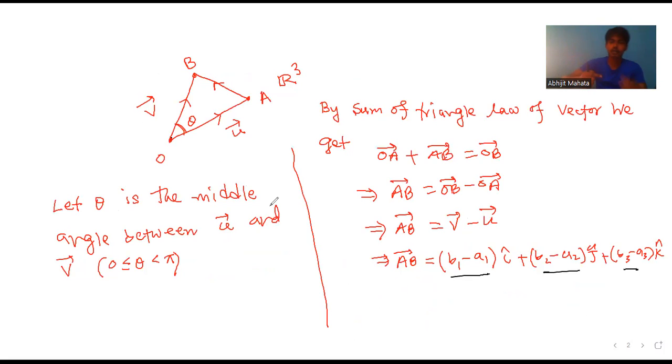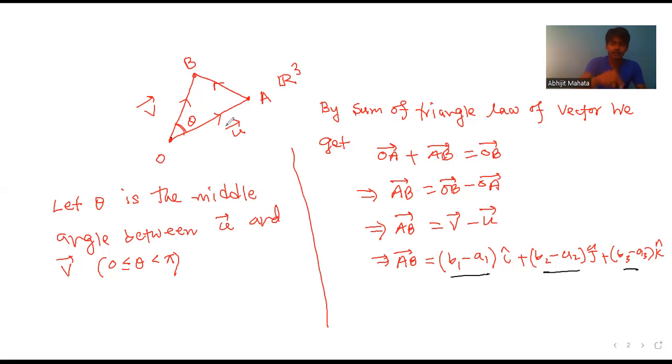So somehow we are drawing a triangle. You have U vector here, V vector here, then AB vector here. Now what we have calculated is the AB vector, written using the components of U and V. This triangle you can draw, whatever I have drawn on the screen.